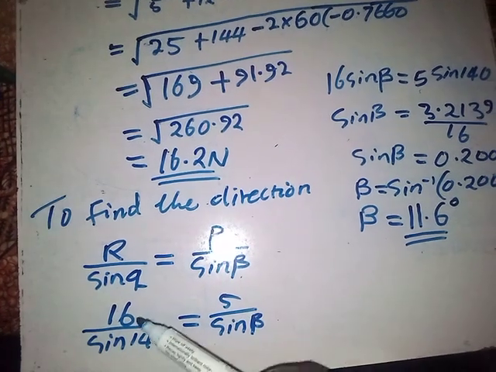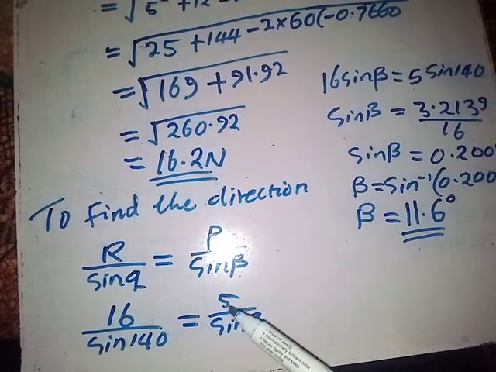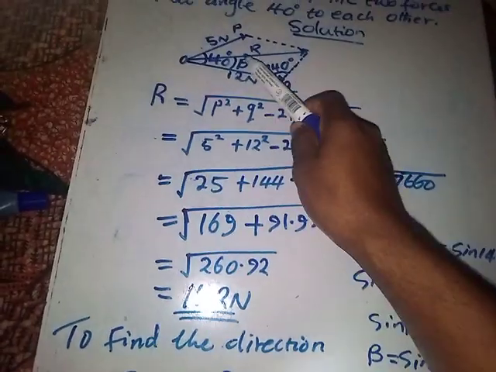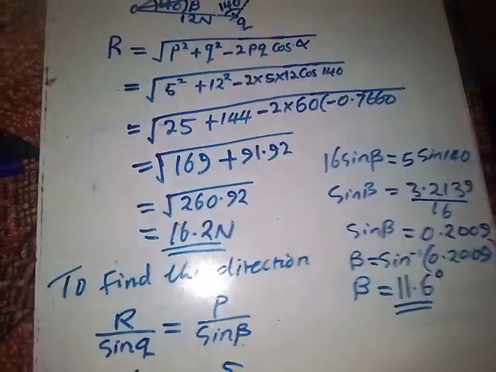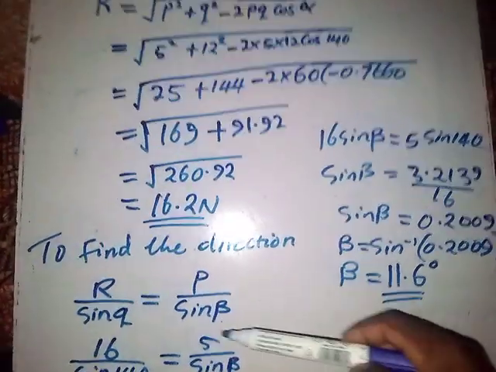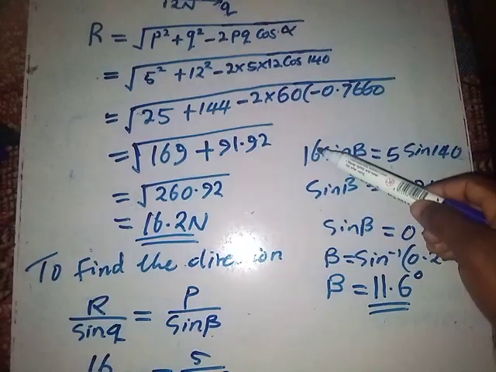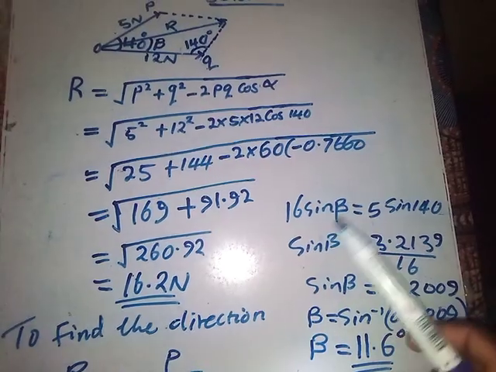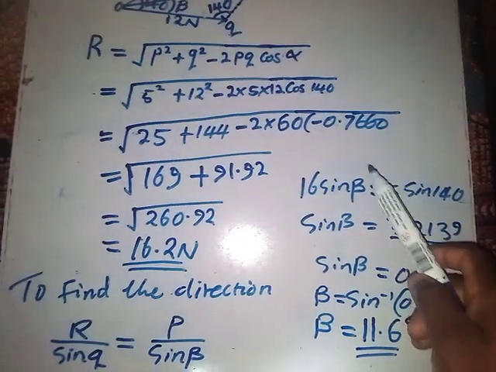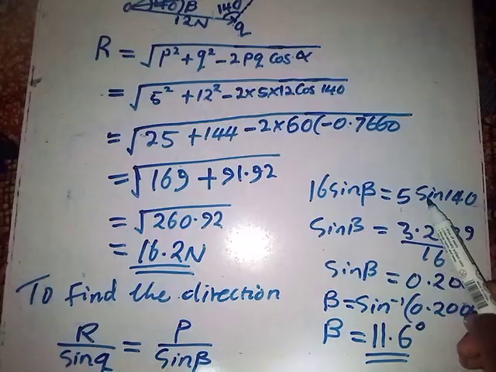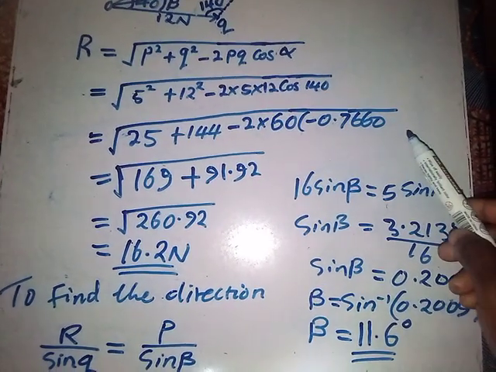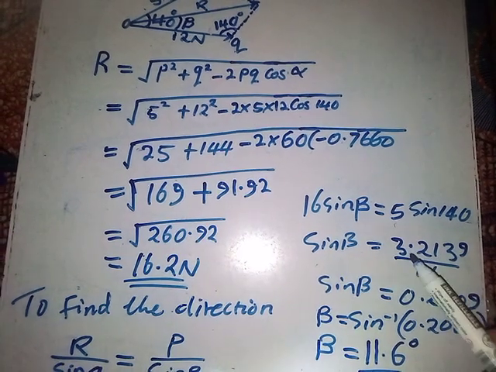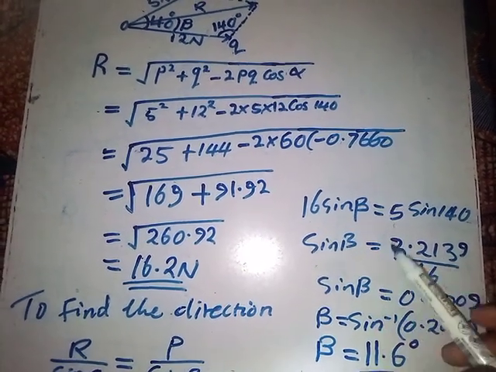So here we have 16 all over sine 140 is equal to 5 all over sine beta. Remember, P is 5. That is why we have 5 there. We can simplify this by cross multiplication. It gives us 16 sine beta is equal to 5 sine 140. So 5 sine 140 gives 3.2139, all divided by 16, by dividing both sides by 16.